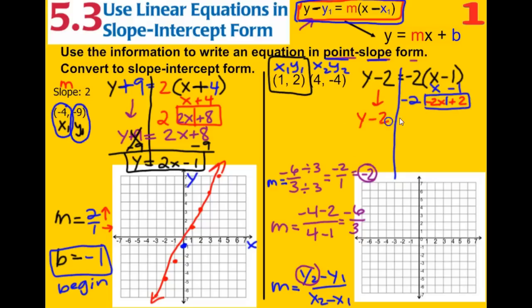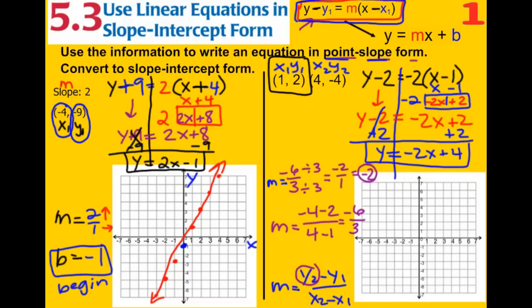I have y minus 2 equal to negative 2x plus 2. And our goal is to get y all by itself. So all we have to do to get rid of this negative 2 is the opposite, add 2. So we have y equals negative 2x, and 2 plus 2 is 4.